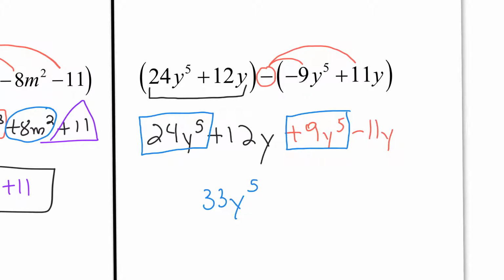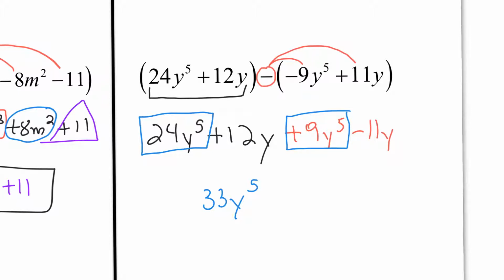Then I go to the next term. So 5, I go down to 4. Hey, we don't have an exponent of 4. That's okay. You go down to the next one, y cubed. We don't have one. So you go down to the next one, y squared. We don't have one. But the next one is just a y with an exponent of 1.